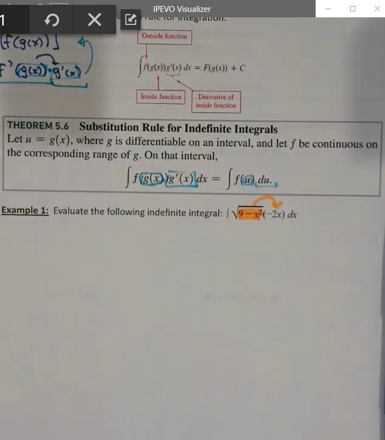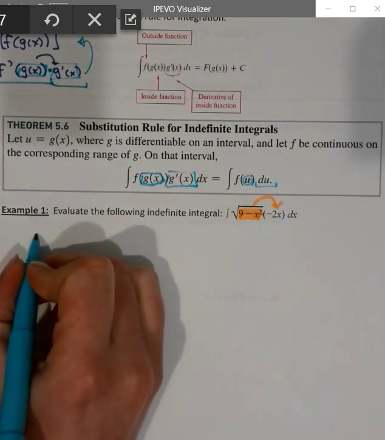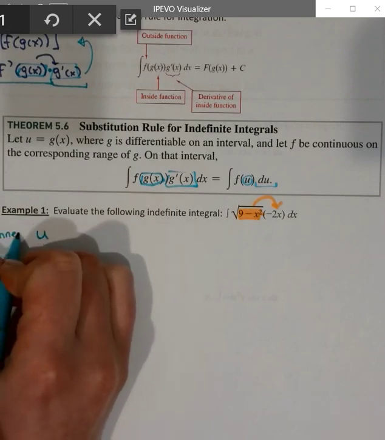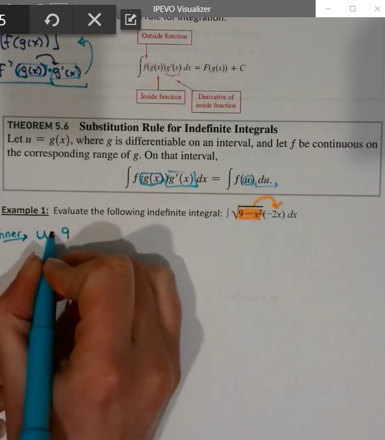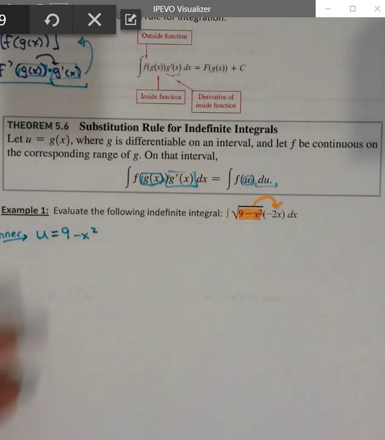So we're going to be a little more explicit in calling this out, and we're going to rename this. The inner function we are going to call u. And so our inner function, we notice, is u equals 9 minus x squared, inner.